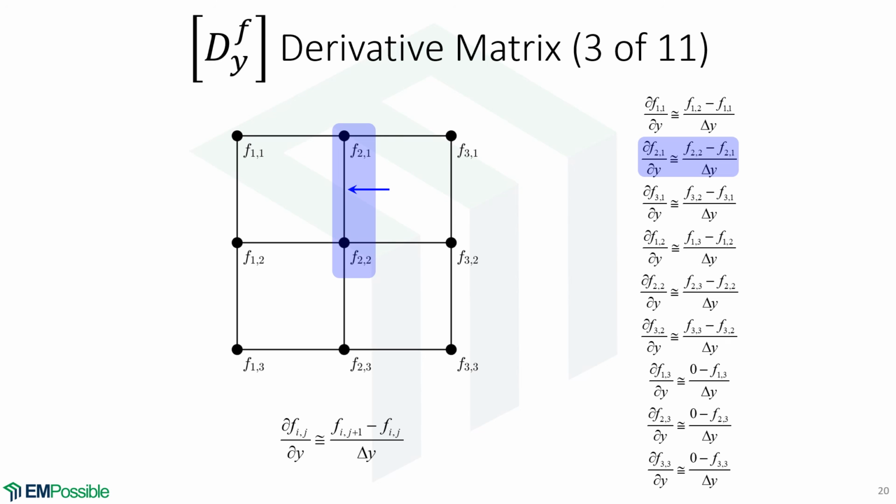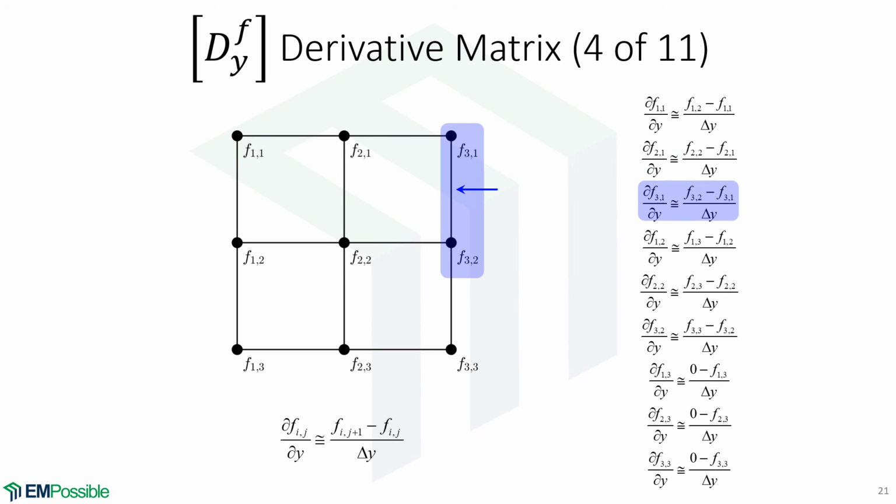Let's move to the next point. We're evaluating the derivative at the midpoint between f22 and f21. So the finite difference approximation would be f22 minus f21 divided by the spacing between those points, which is delta y.